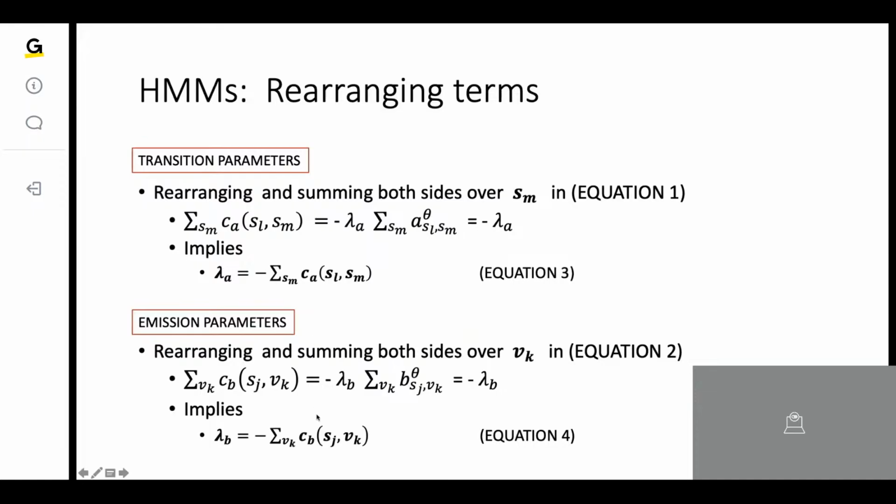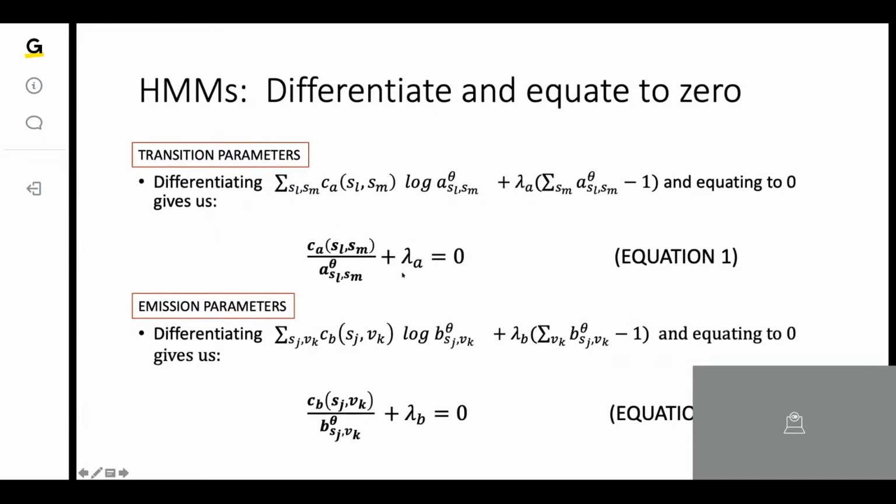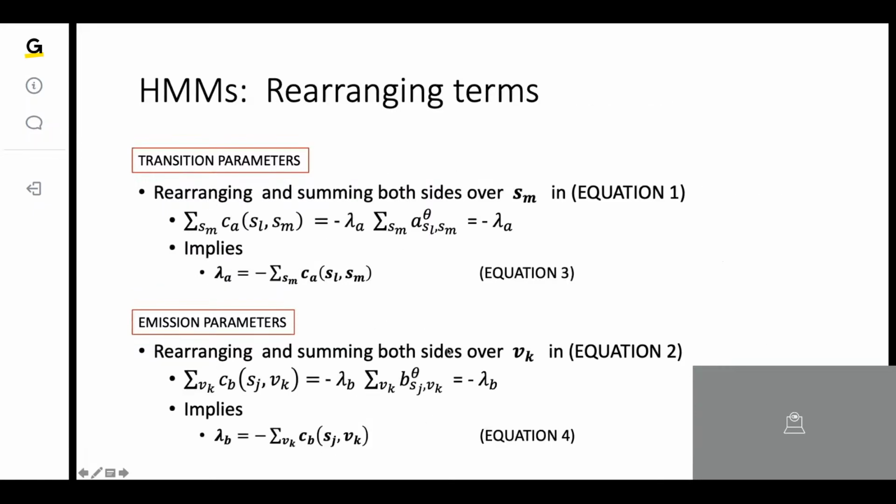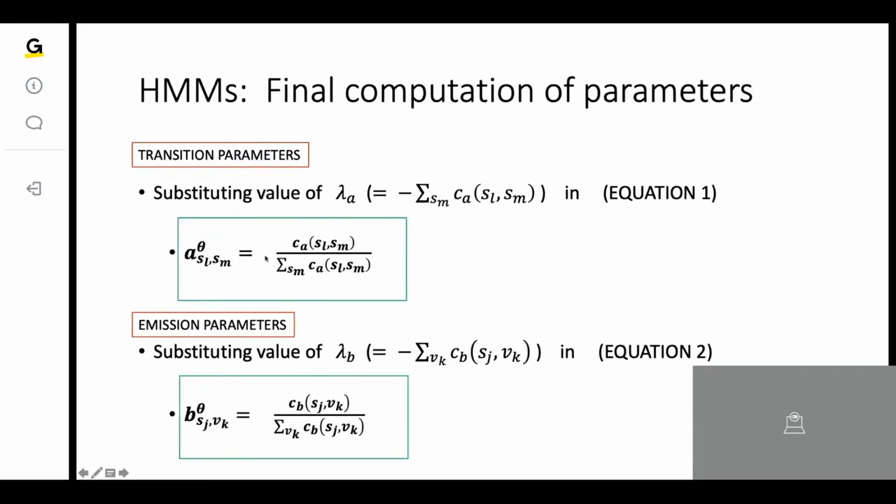Once we get the lambdas, we can substitute them back in this equation to find the transition parameters and beta parameters. These are the final estimates of the parameters obtained by solving the objective function using Lagrange multipliers with the constraints. We arrive at these estimates for transition and emission parameters.